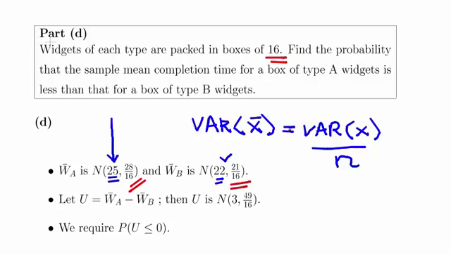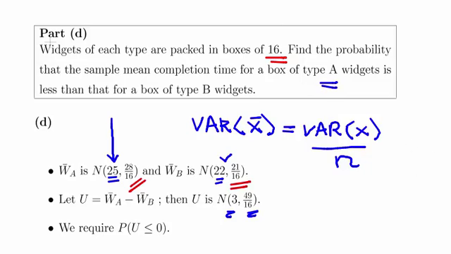So essentially we use all the numbers we used previously and divide by 16. Let u be the difference in the means of the two boxes. It's normally distributed with a mean of 3 and a variance of 49 over 16. And we require that u is less than 0, that is to say the type A box is completed first.